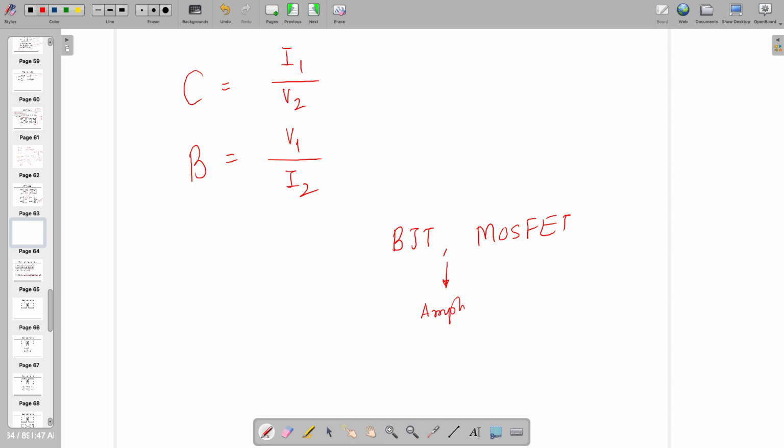They can amplify. You know about this, right? Now, what kind of amplifiers are BJT and MOSFET? Voltage control current source, current control current source, what kind? So this is a current control current source.